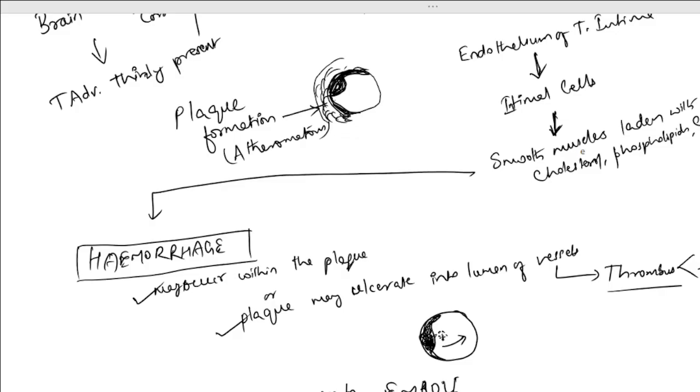However, in these emboli, important roles are played by cholesterol, lipids, phospholipids, basically cholesterol esters, lipids, phospholipids.